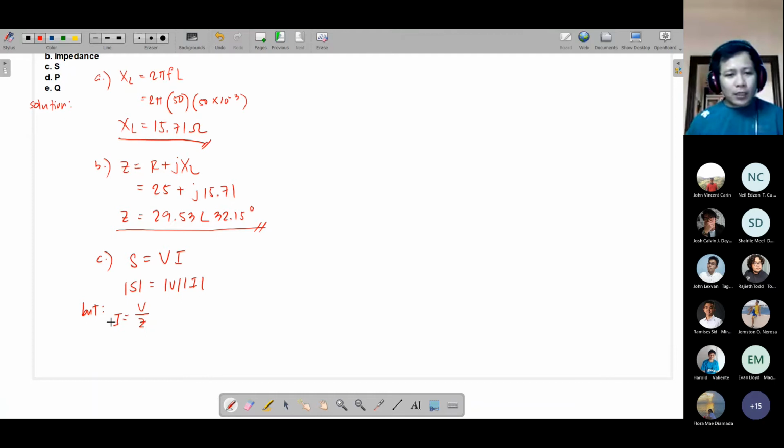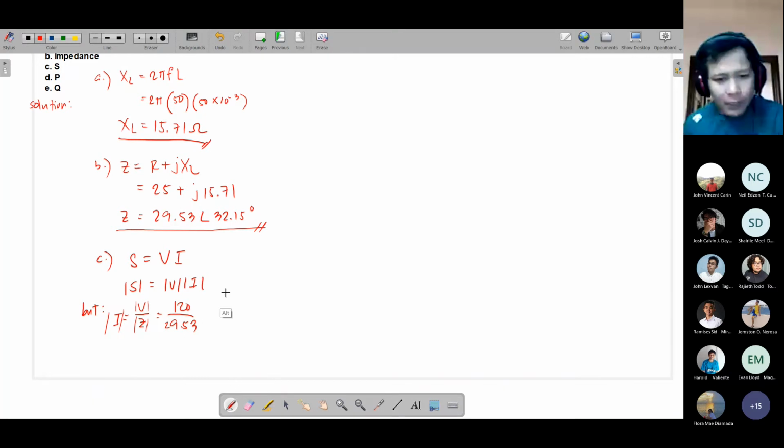Since we only need the magnitude of the current I, we only need the magnitude of the voltage, which is 120, and the magnitude of the impedance, 29.53. Kay kailangan nimo ang magnitude ug ang angle.